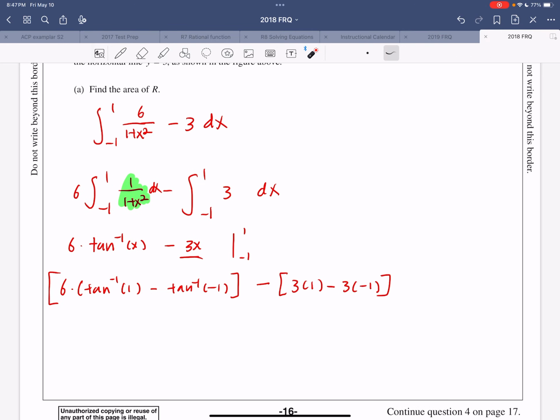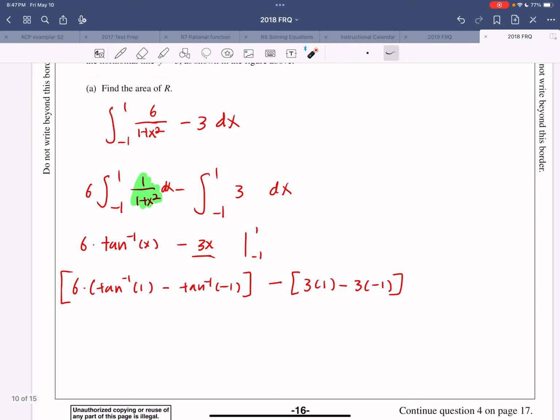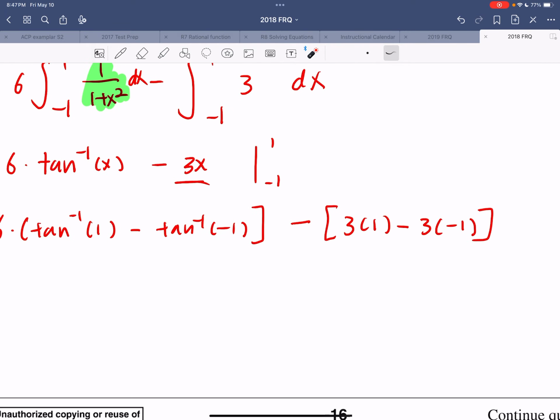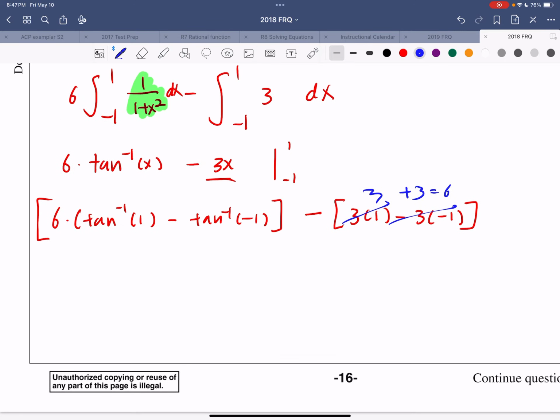Because again, this one represents the area under the curve, which is this one, so it's gonna be 6. But watch this, this is gonna be 6. So do you see that's gonna be 3? 3 times negative is -3, but there's a negative, so that's gonna be like +3. So do you see 3 plus 3 is equal to 6? I told you that you did not really have to do it, but I just showed it to you. So it's gonna be -6 at the end.